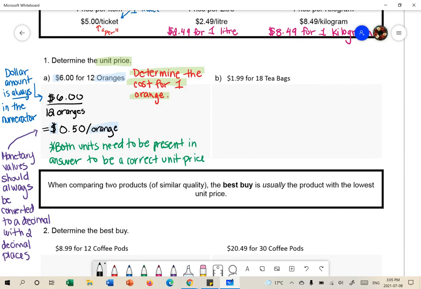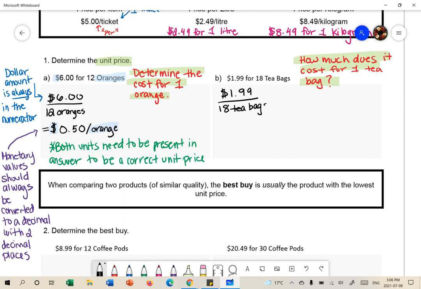Let's try B. $1.99 for 18 tea bags. So we're trying to determine the unit price, which means how much does it cost for just 1 tea bag? So I'm going to take my dollar amount and divide it by how many tea bags that would give me. $1.99 divided by 18 is 0.11.